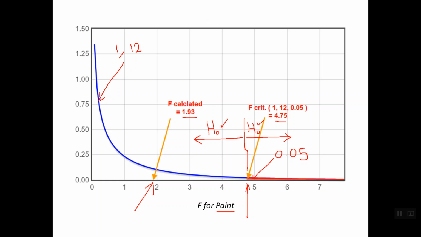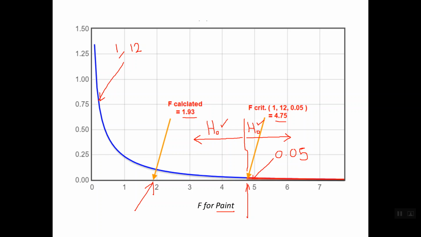So how to make a conclusion for the first factor? As you see here, the value of the calculated F lies in the non-rejection region of the null hypothesis.